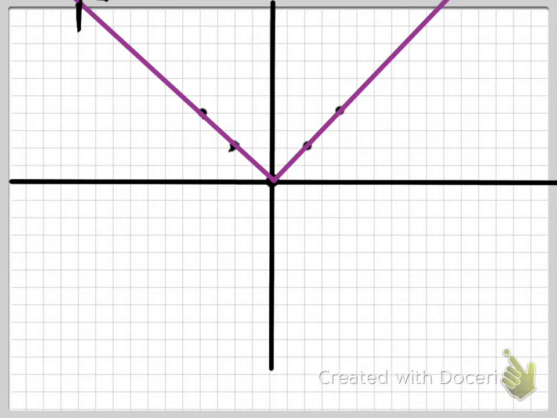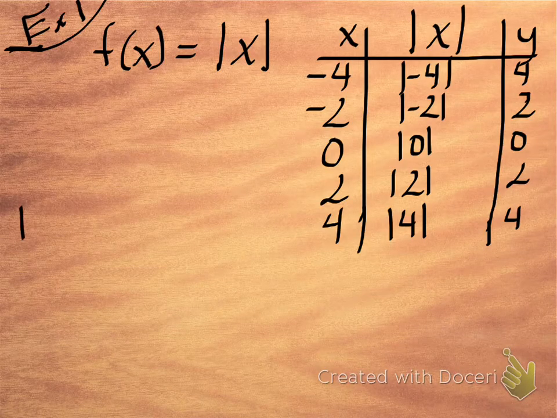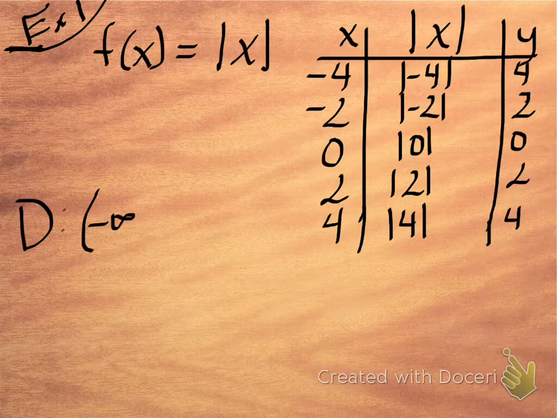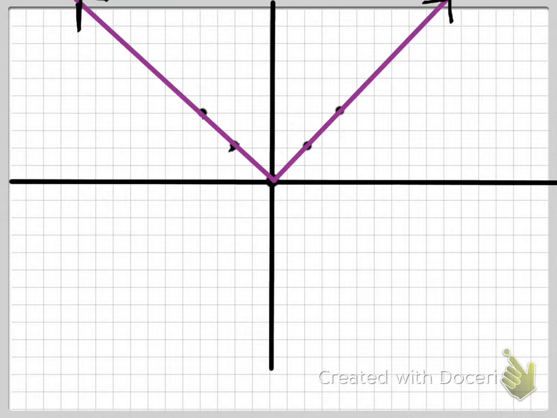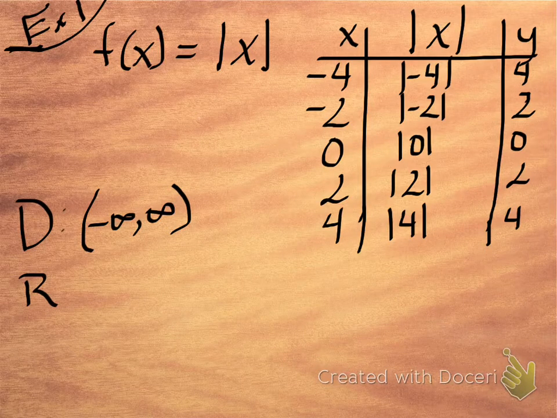In this, my domain is going to be from -infinity to +infinity, also known as all reals. My range, though, is not going to cover all my y's. My stopping point for the y's is here. I have nothing below 0, but I do include 0.